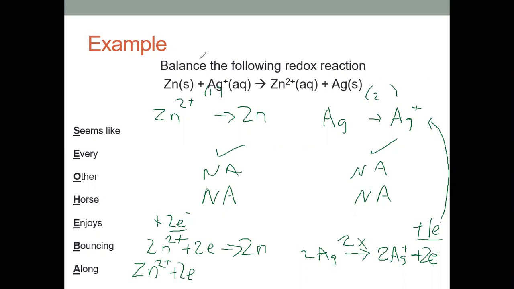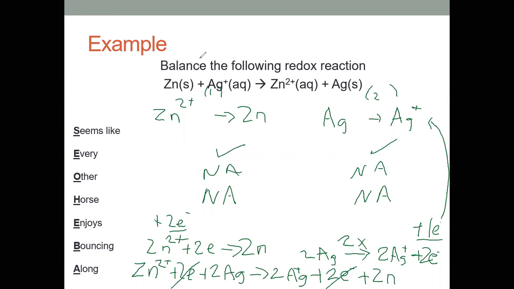Now let's add the other side, the other half reaction, plus 2 silver, and then that goes to Ag plus 2 electrons. Now let's eliminate redundancies, and we've already balanced our electrons, so that makes that step easy. Everything else appears, and I'm sorry I left out my zinc over here.